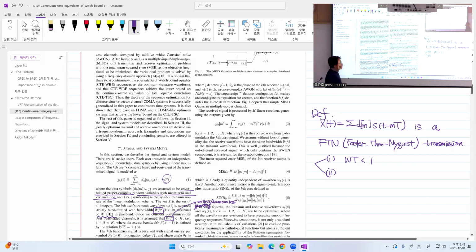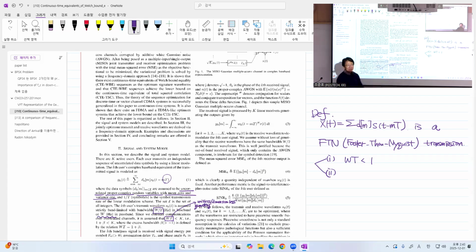The problem is that 98%, I didn't count, so it's just an arbitrary number. But anyway, it means the majority has a serious problem.